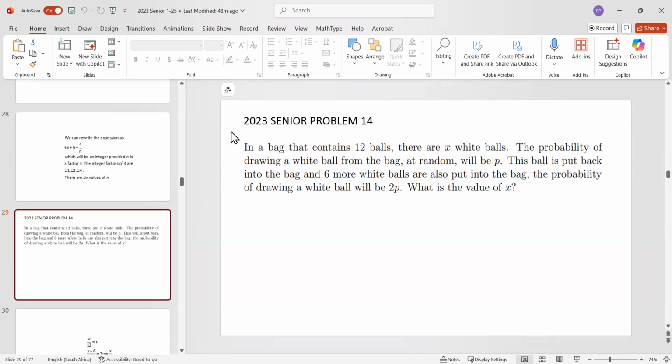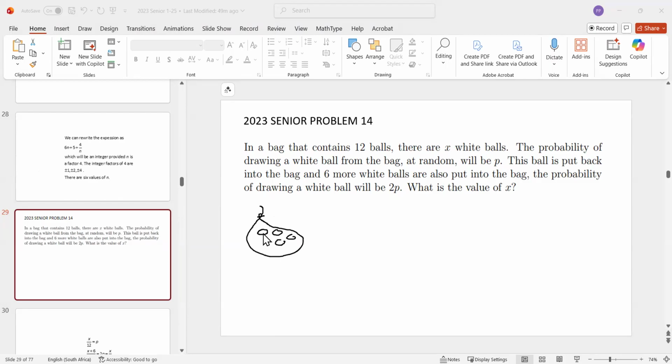So let's just see what this means. I could have a bag, and it's got white balls. It's got other balls as well. Here are the white balls, and suppose it's got some other balls.